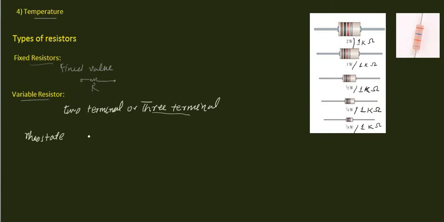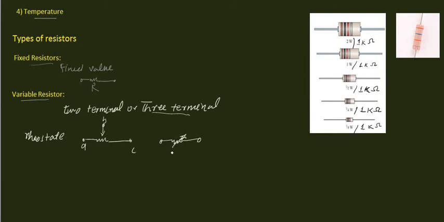The symbol of a rheostat is like this, in which the 2 terminals have the same value and there is another terminal, let's say B, which varies the value of the resistance as needed. The other symbol which represents the rheostat is like this, a simple resistor having an arrow.